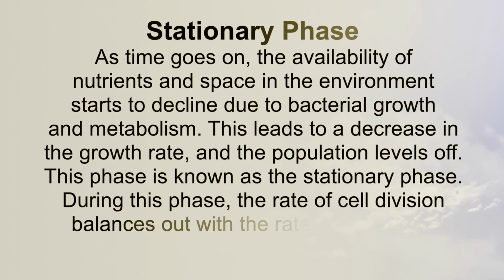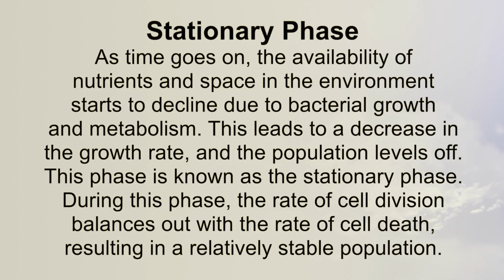Third phase is the stationary phase. As time goes on, the availability of nutrients and space in the environment starts to decline due to bacterial growth and metabolism. This leads to a decrease in the growth rate and the population levels off.